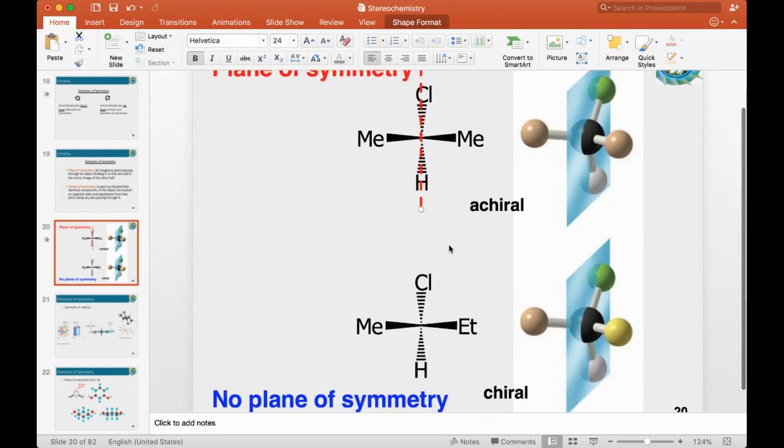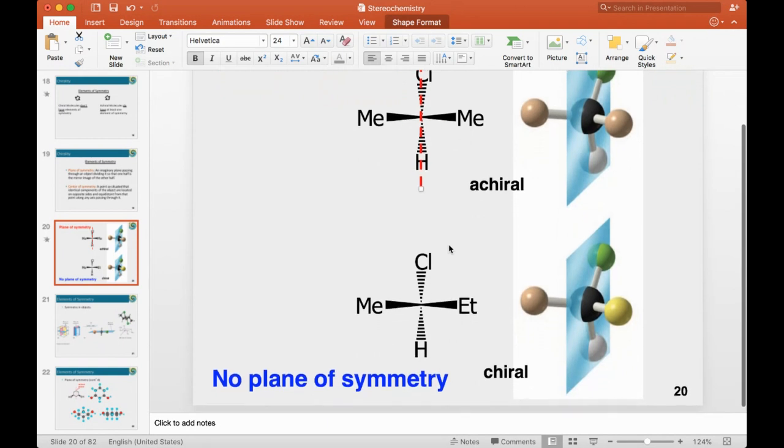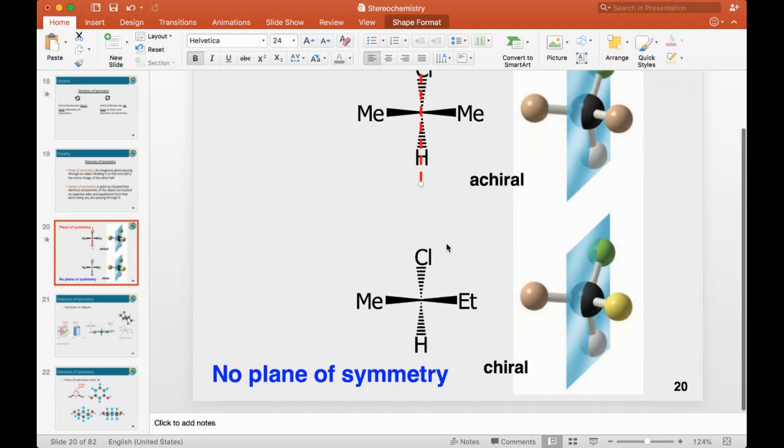So I want to show you now the molecule on the bottom. Same thing. Now I have a carbon here. Me is methyl, Et is ethyl, ethyl is CH2CH3, chlorine, and hydrogen. If we draw a plane over here, once again, a plane defined by 3 points, 1 point here, 1 point here, 1 point here, a plane right here, dividing the molecule in two sides, one side, second side.